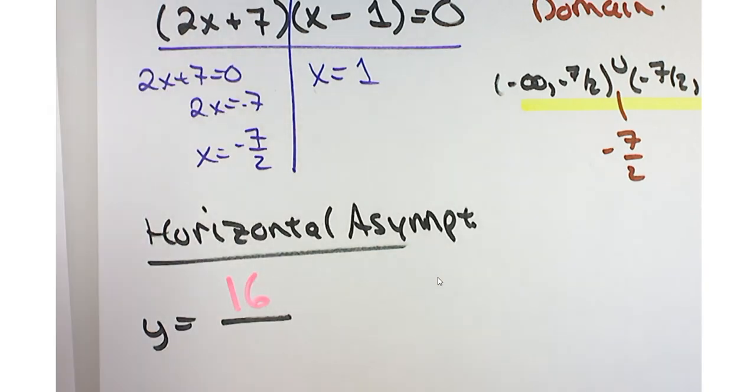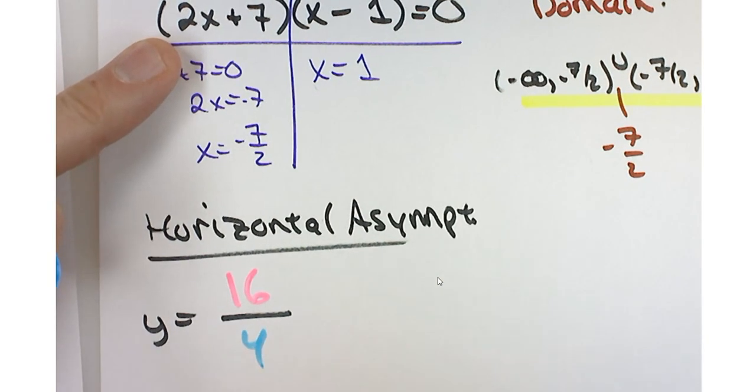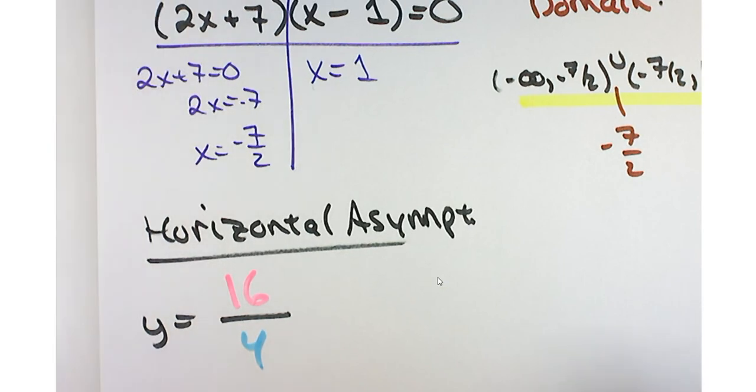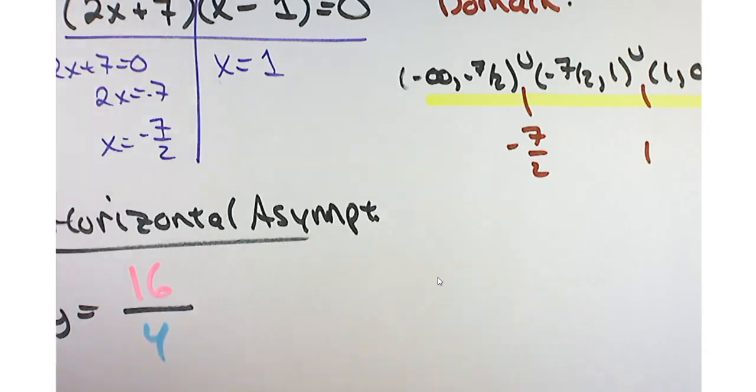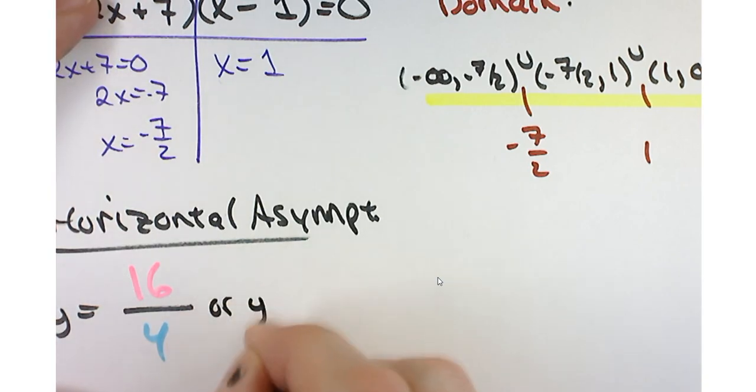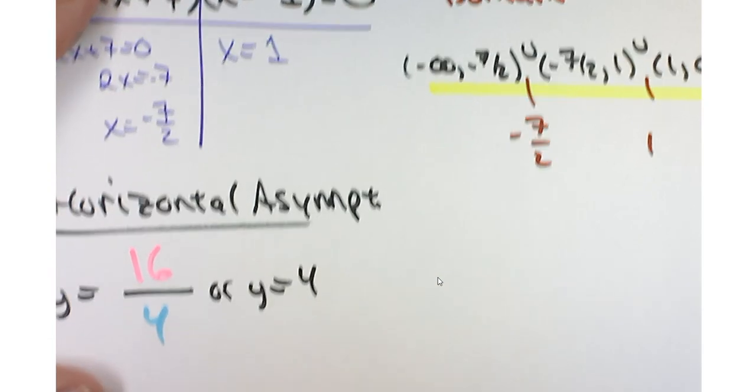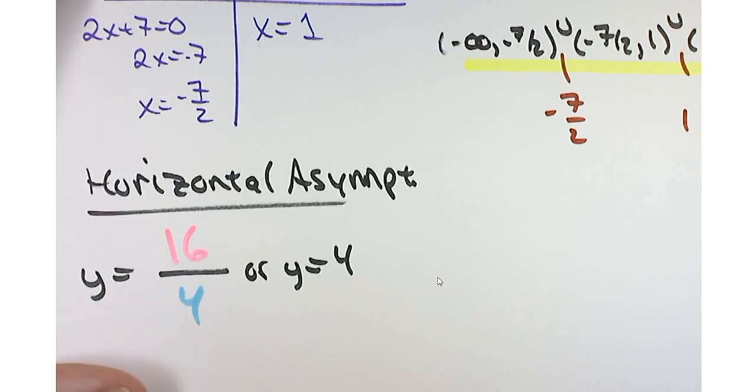And I'm purposely putting these in color so that you can look back at what I wrote up above and match things up. 16 over 4 reduces to y equals 4 as your horizontal asymptote. Great.